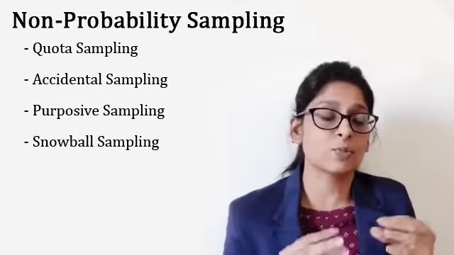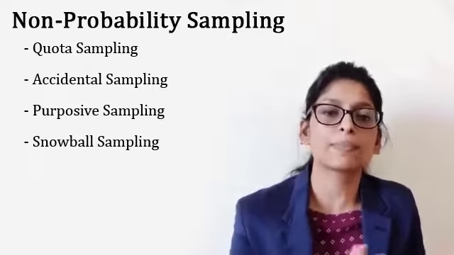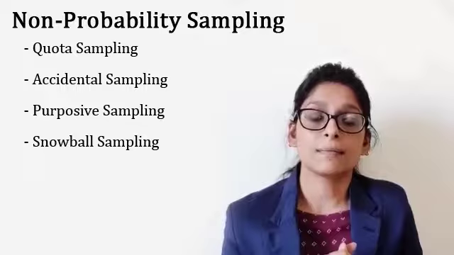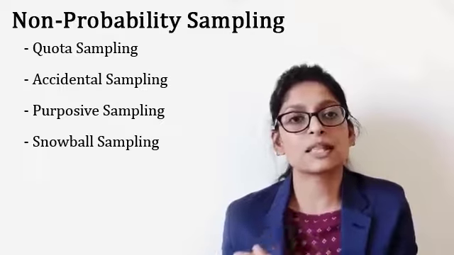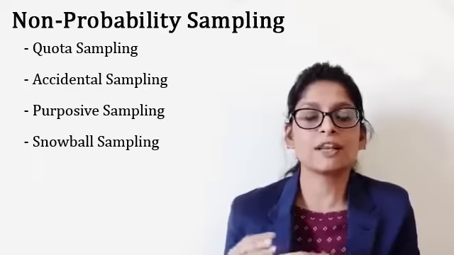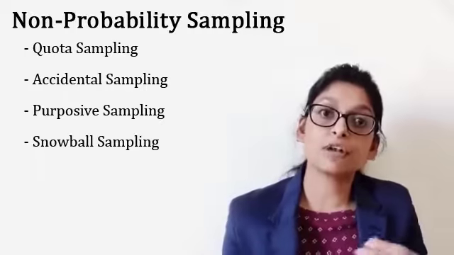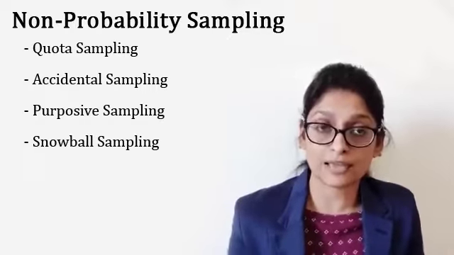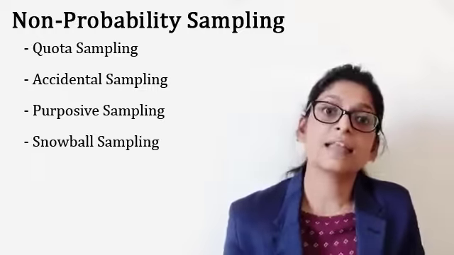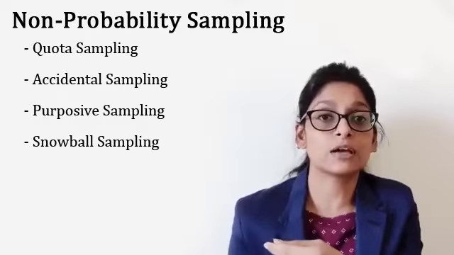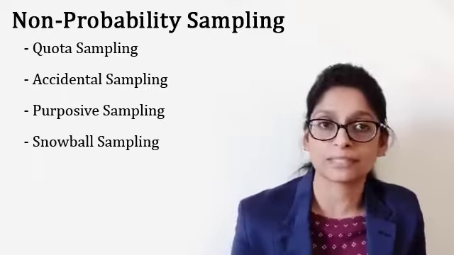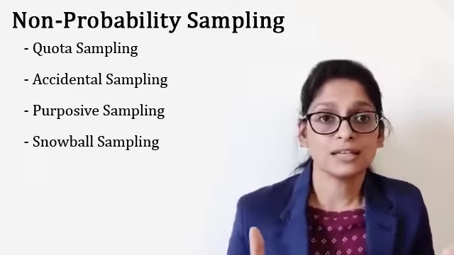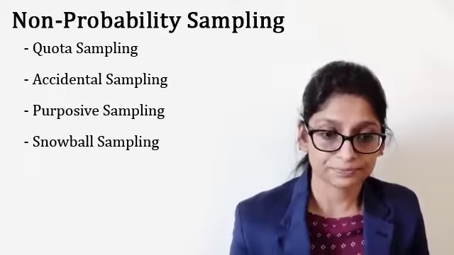Like we'll start with 4 individuals, we'll take references from them, and every individual will give us 4 names, and then we'll go to those 4 people, and every individual over there also is going to give us a few more names, and this process will keep on going until we have reached the desired size for our sample.